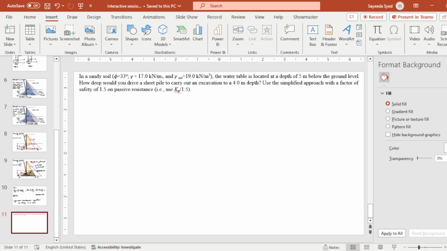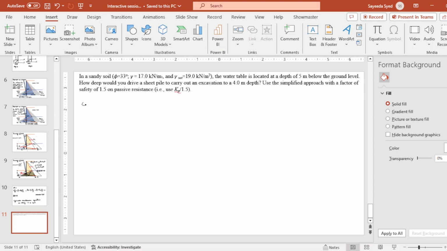The water table is located at the depth of 5 meter below the ground level. How deep would you drive a sheet pile to carry out an excavation to a 4 meter depth? Use a simplified approach with a factor of safety 1.5 on passive resistance. Means Kp by 1.5 we have to take. So let's start with this question.